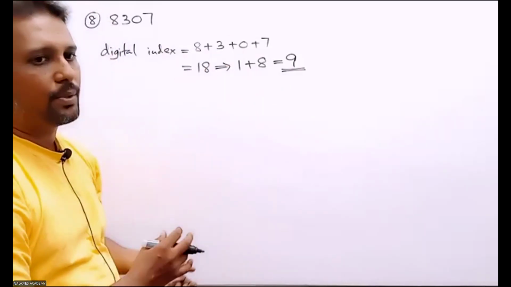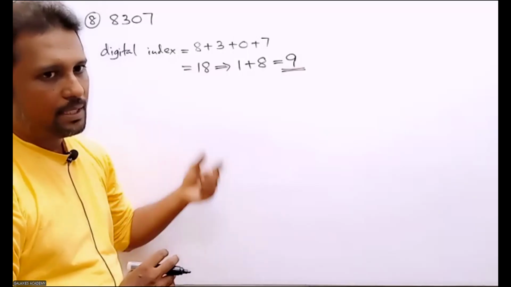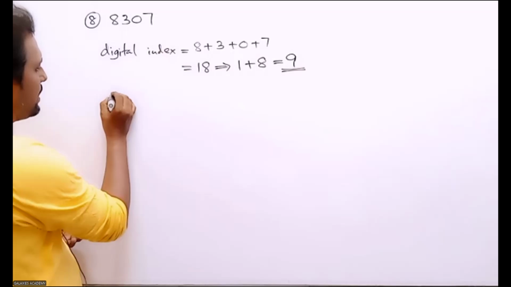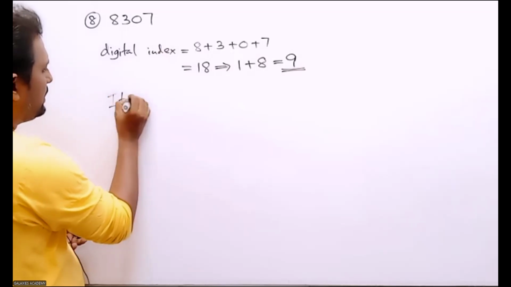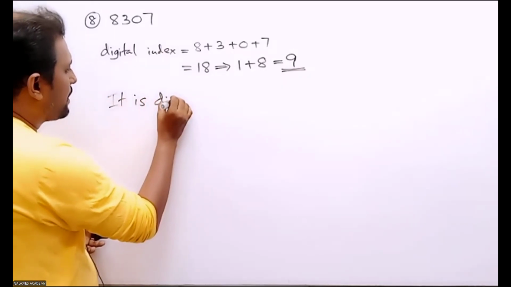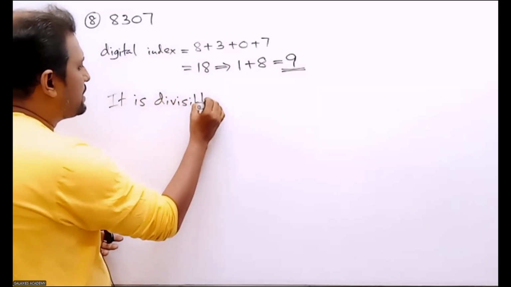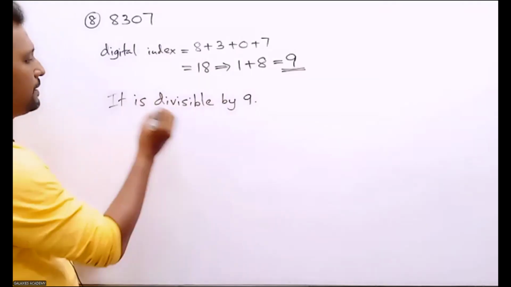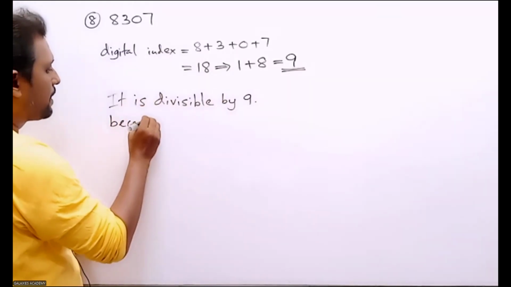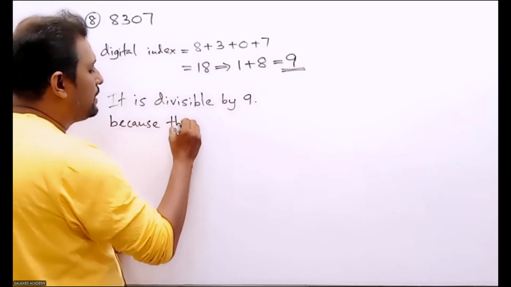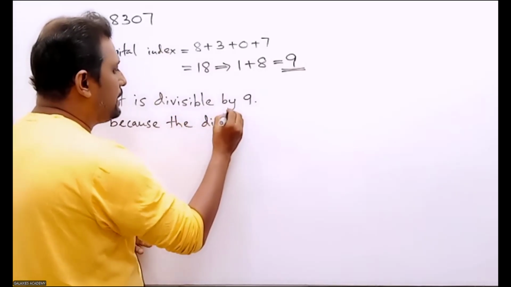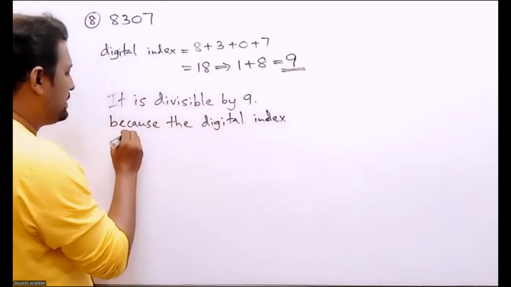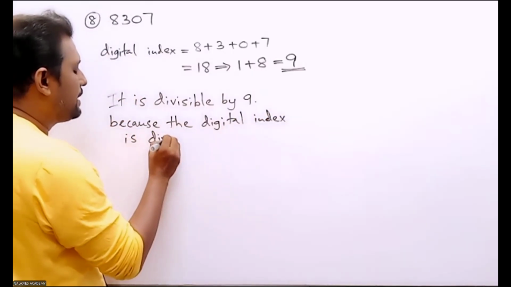So what can you determine? This number is divisible by 9. Then also you can write it is divisible by 9. Also you have to write the reason, because the digital index is divisible by 9.